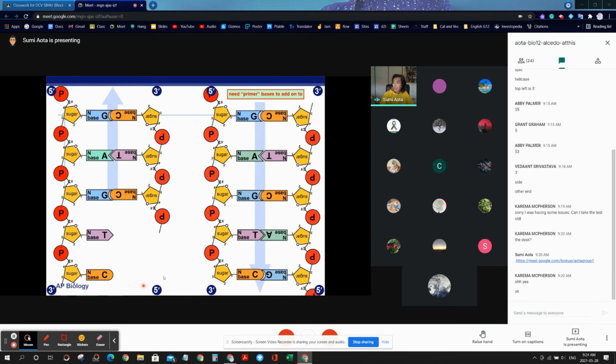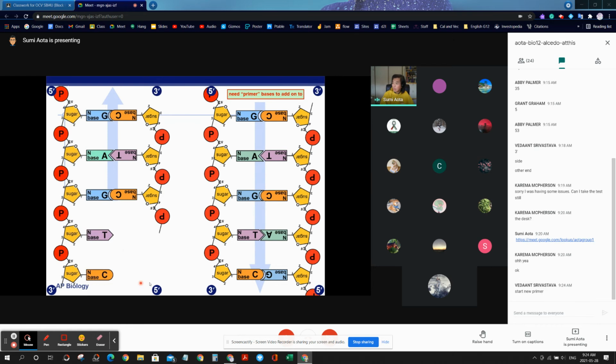But what do we do about this gap here? Yeah, we're going to have another strand or another section coming in from this side. So you'll have a start around there. Okay, you'll add another base. So the only problem we have is right there.